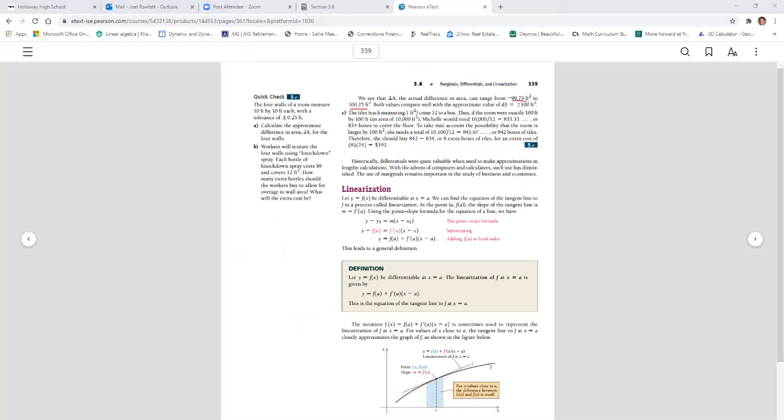Both values compare well with the approximate area of plus or minus 100 square feet. And I will leave part C for you here. This is where we're just trying to figure out the difference in cost based on the amount of error.